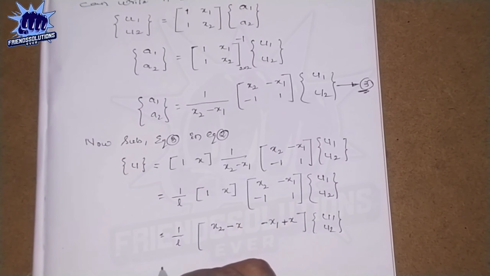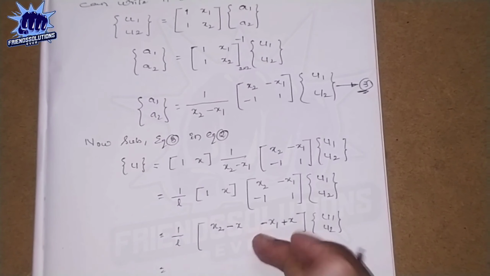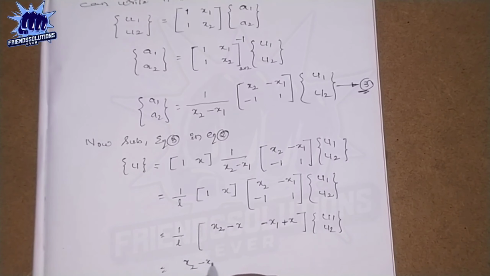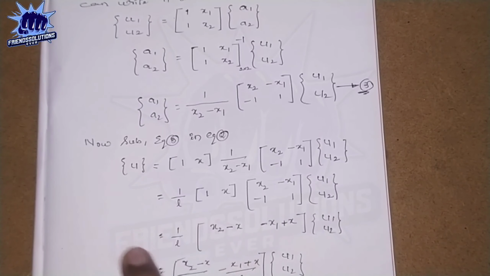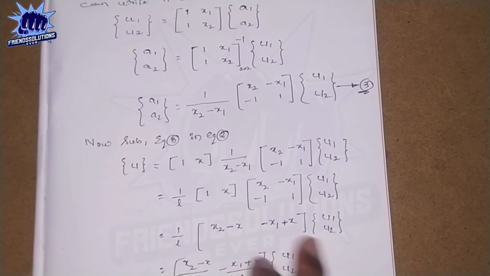After the multiplication, we put this L inside the matrix: (x2 minus x) by L, (minus x1 plus x) by L. Another equation is obtained by sending L inside the matrix.